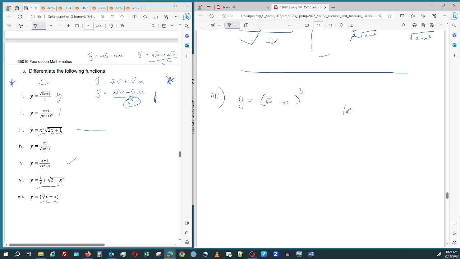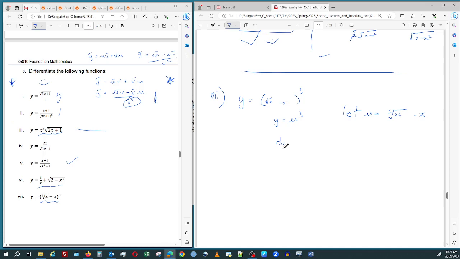So if we let u equal everything in the middle, the cube root of x minus x, then y would be equal to u cubed.